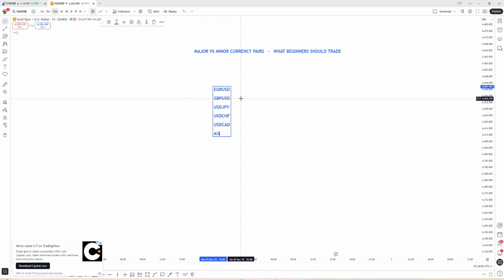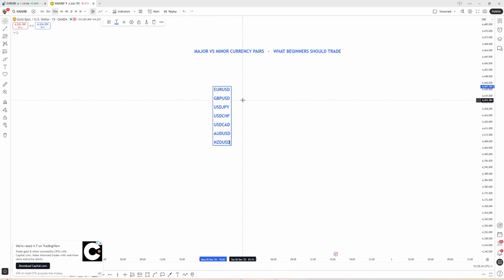We have AUD/USD, that's the Australian dollar and the United States dollar, and NZD/USD, that's the New Zealand dollar versus United States dollar.